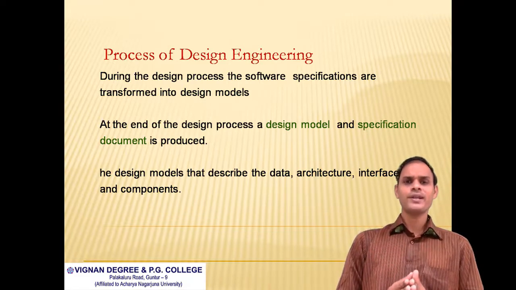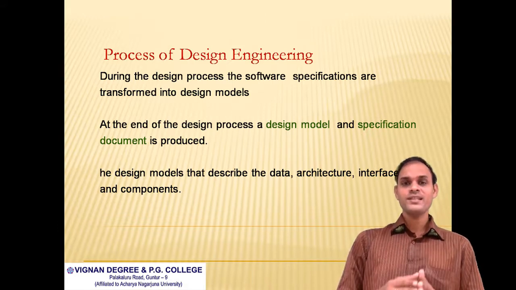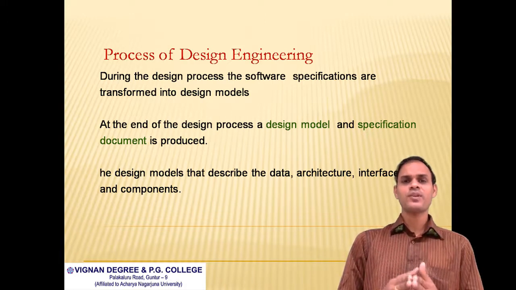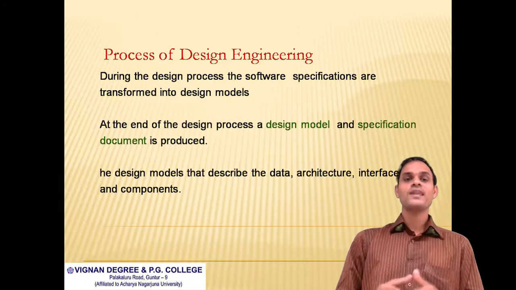Each designing product is reviewed for quality before moving to the next phase. After designing, we can go to the coding part. So that is the definition: each designing product is reviewed for quality maintenance before moving to the next phase of software development.